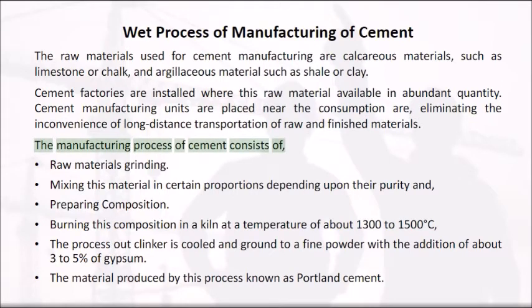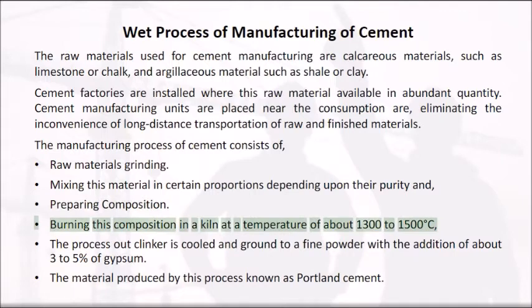The manufacturing process of cement consists of raw materials grinding, mixing this material in certain proportions depending upon their purity, and preparing the composition.